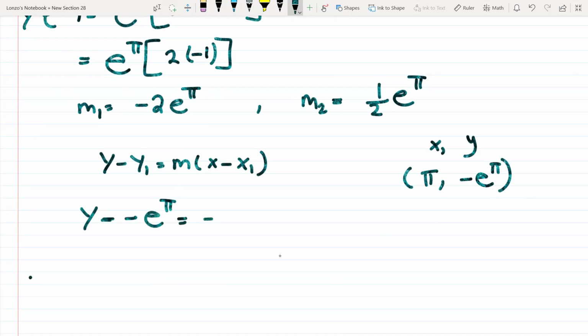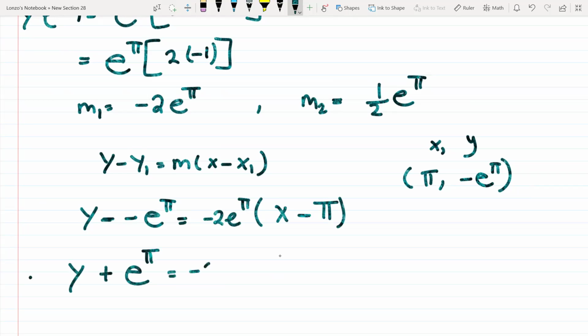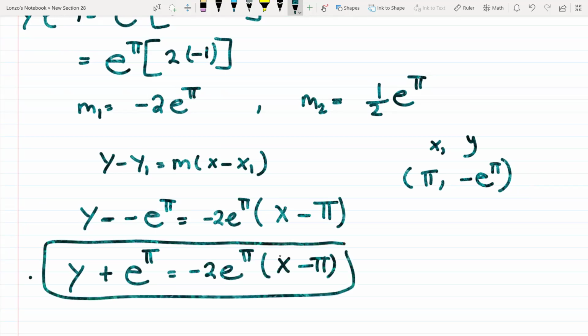My slope is -2 e to the pi, times x minus x1, which is pi. So 2 negatives becomes a positive, so that's y plus e to the pi equals -2 e to the pi times x minus pi. Okay, so this one is our first equation, and that is the tangent.